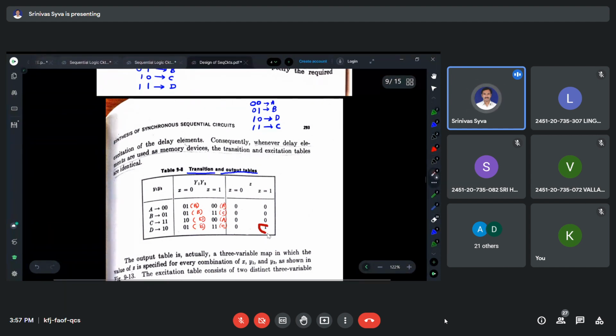So only in this case Z is 1. When the present state is D, if the bit received is 1, then the output will be made 1.